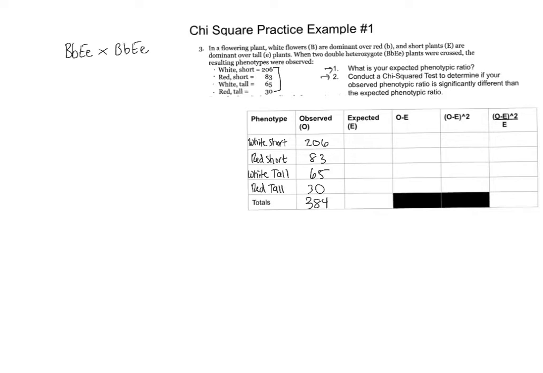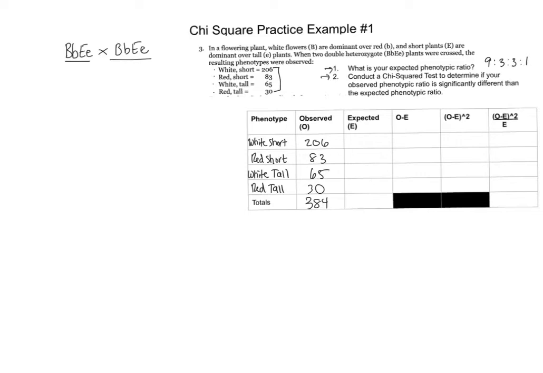The first, as a shortcut: whenever you see a cross like this, called a dihybrid cross between parents that are heterozygous for both genes, the phenotypic ratio will always be 9 to 3 to 3 to 1.